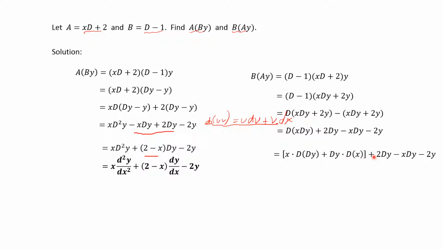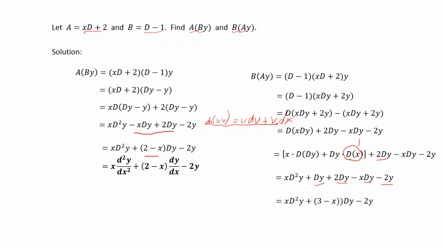And then simplify, that will give you xD squared y. Of course, what is the derivative of x there? The derivative of x here is 1. That's why it's only 2Dy there. And then combine the 2Dy there, that's 2Dy minus xDy minus 2y.